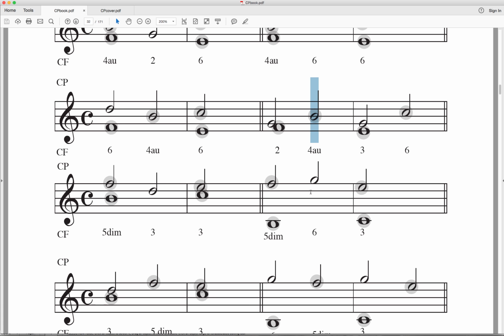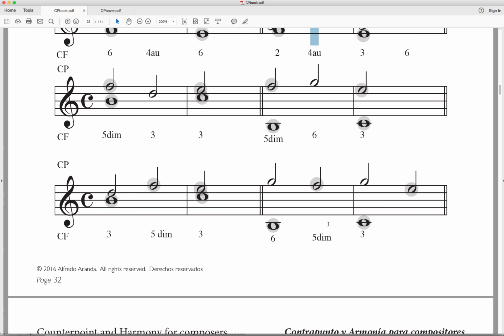And you see, all these samples are like that. And in this other one, you have a G and a B, and then the F. This whole measure makes a 5/7 chord resolved into a 1 chord.